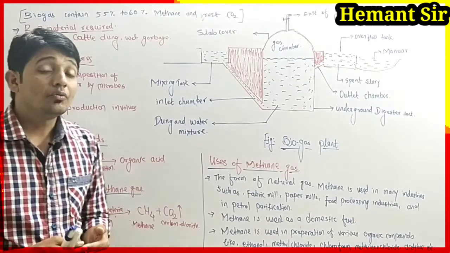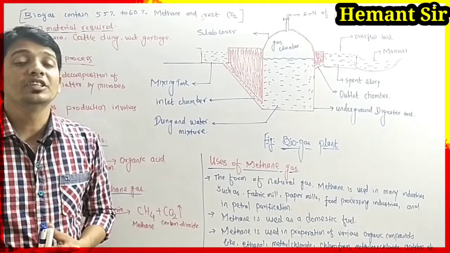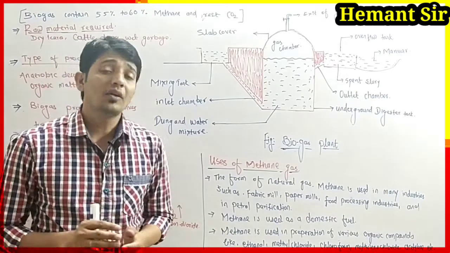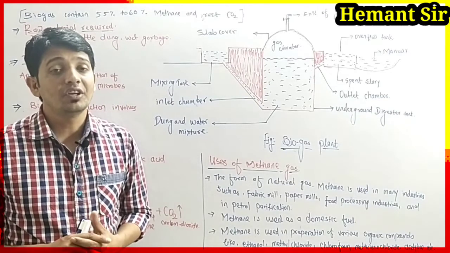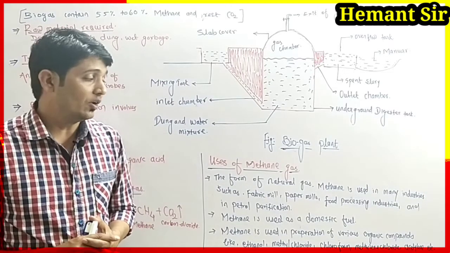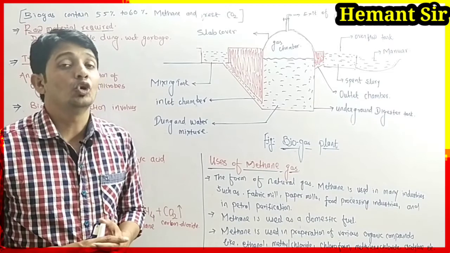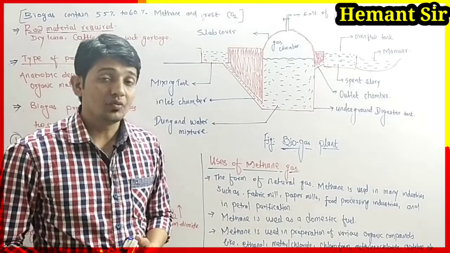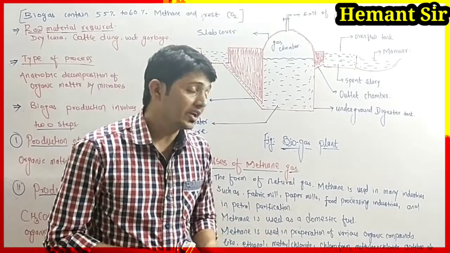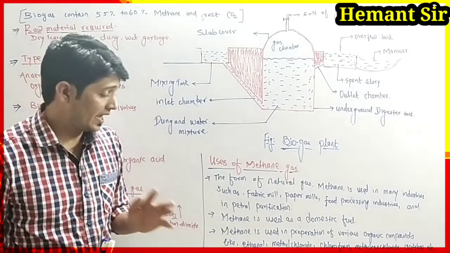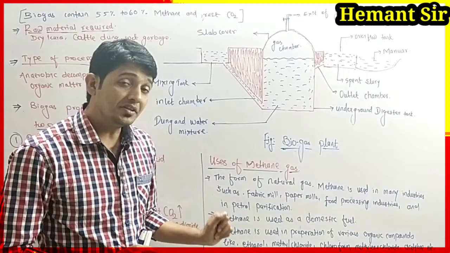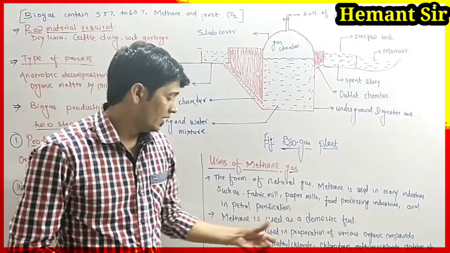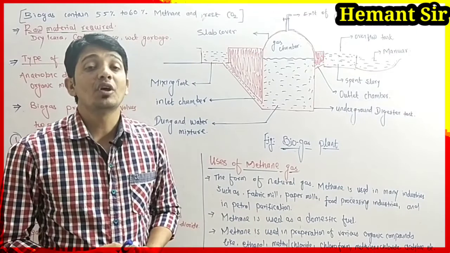Now we have to understand the uses of methane gas. There are various uses of methane gas in industries as well as for domestic purposes. First, the natural gas form, which is methane, is used in many industries like fabric mills, paper mills, food processing units, and in the purification of petrol.